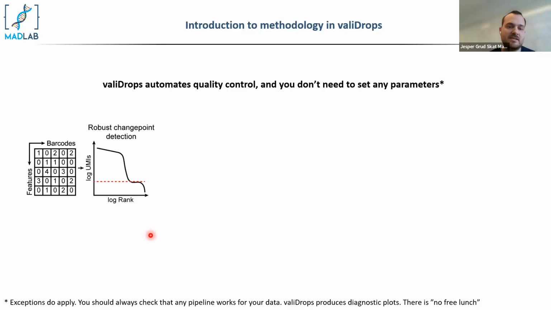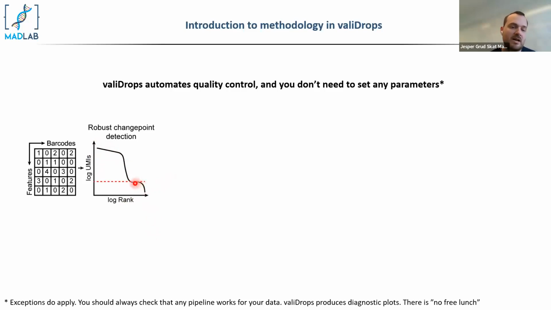The way we do this in valiDrop is that we use stepwise or piecewise linear regression to find segments of this graph. And then using those segments, we find this breakpoint here where there's a positive angle that we can use to detect this change and find this place in the graph.